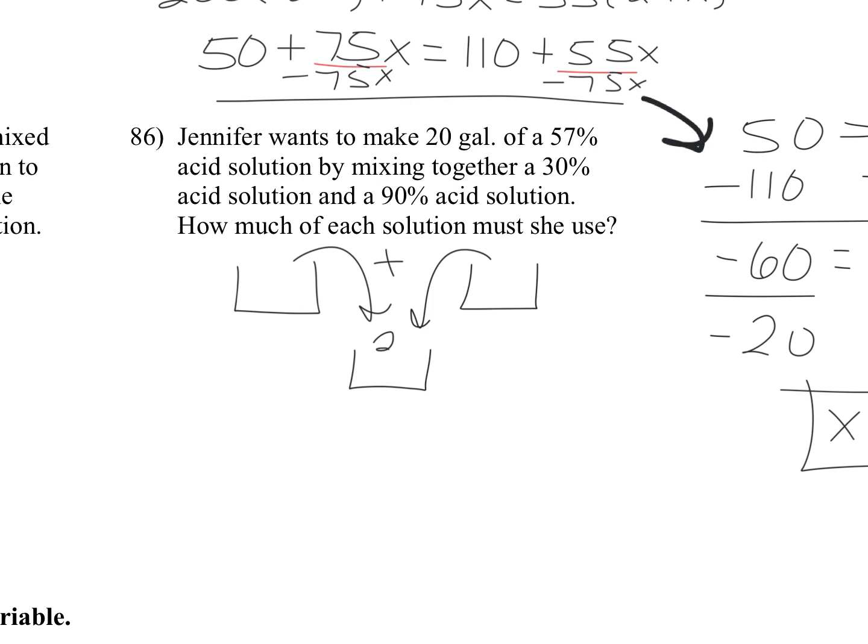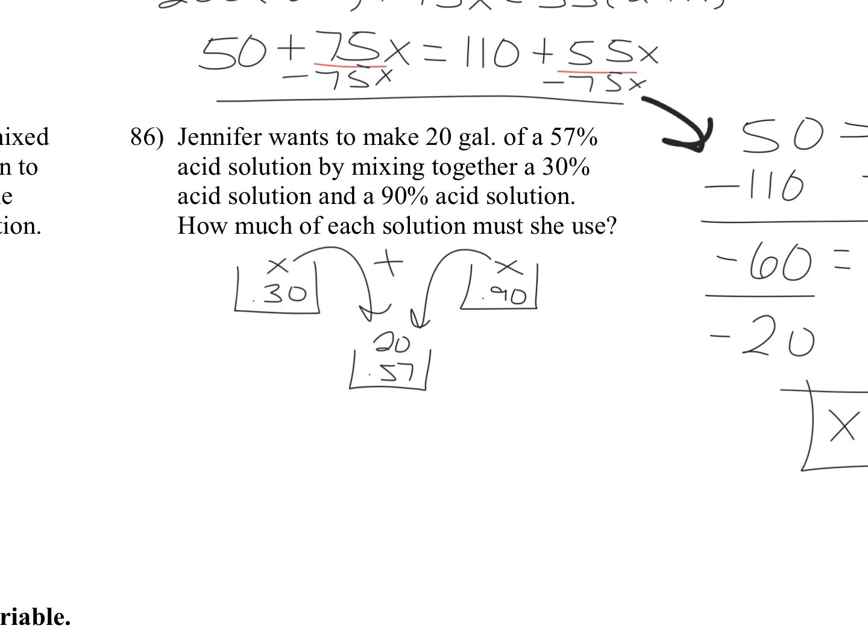We have to have 20 gallons down here of a 57% acid solution. So we want that 57 down here, right? And x for the unknowns.